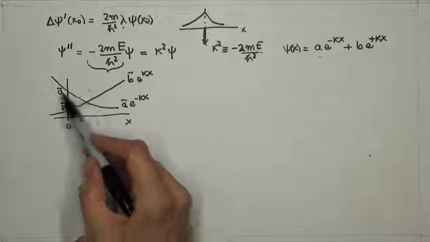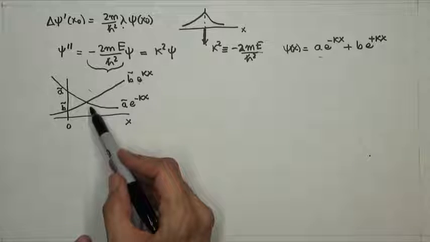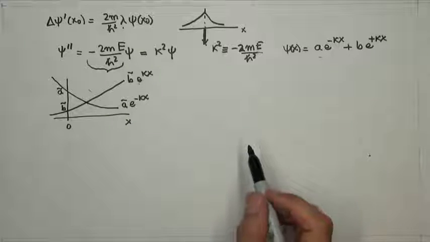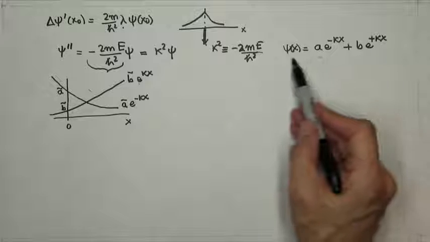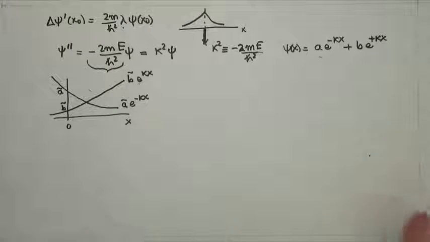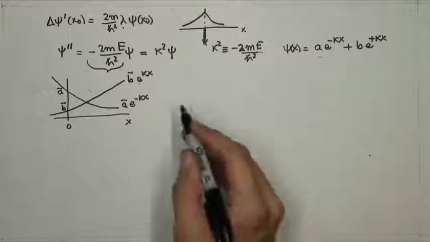But if you produce one 0, there's no other intersection. So you can only produce one 0 here with these two functions. So this wave function can only have one zero. You don't find more than one zero.